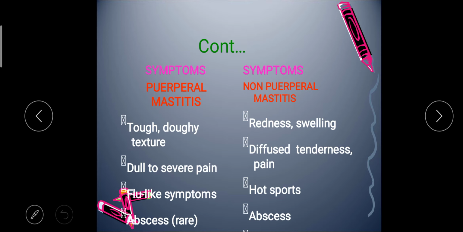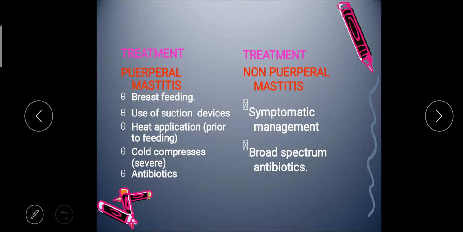Now we will see the symptoms for puerperal mastitis and non-puerperal mastitis. For puerperal mastitis, there will be a tough and doughy texture, dull to severe pain, flu-like symptoms, and abscess. For non-puerperal mastitis, there will be redness, swelling, diffuse tenderness and pain, hot spot, and abscess. Next, we have treatment.